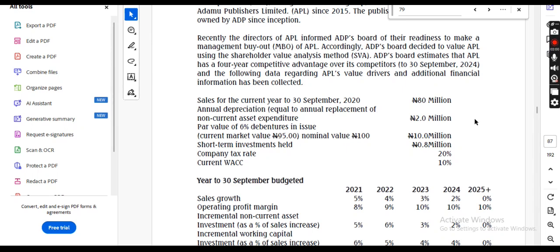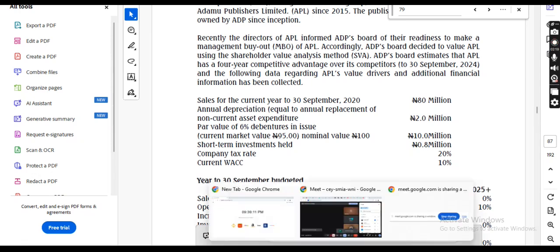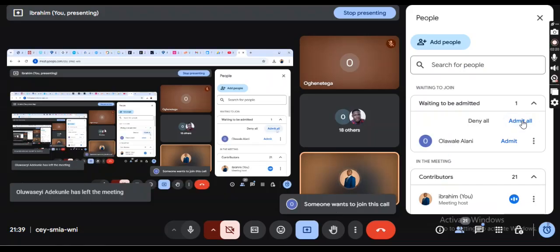There is a short-term investment held of 0.8 million. Then there is a company tax rate of 20%. Then what we're given here is the weighted average cost of capital.